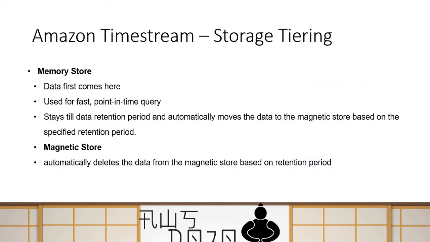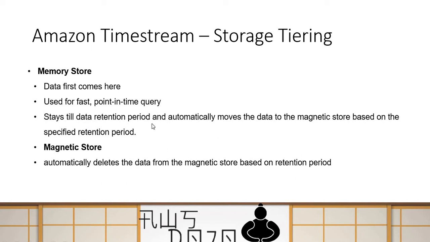So how does storage tiering work? As I mentioned earlier, storage tiering is a way to optimize your performance and cost. And yeah, some indentation is not good here, but let me tell you. The storage tiering happens in two ways. You can have memory store and you can have magnetic store. When data comes in, it always comes to the memory store, and the data stays in the memory store depending on the retention period you have defined.